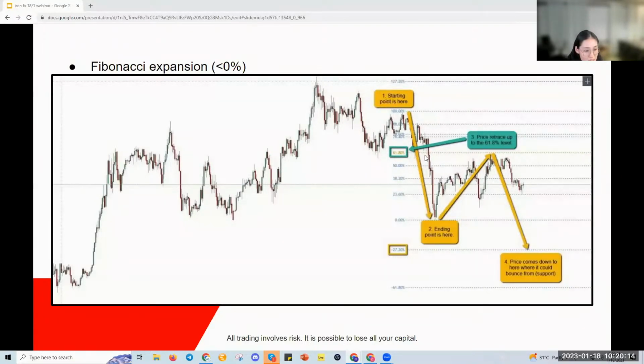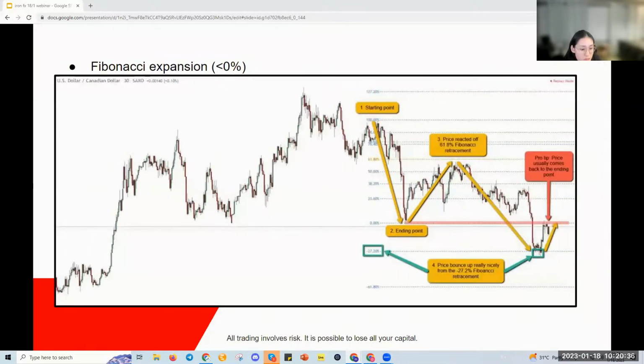So we expect price to retrace back up to this 61.8% level because price has tested this level earlier, as you can see over here. So it tested this level and then it reversed off. So we expect it to come back down to this negative 27.2 or even negative 61.8. So I'll show you in the next slide how it actually plays out.